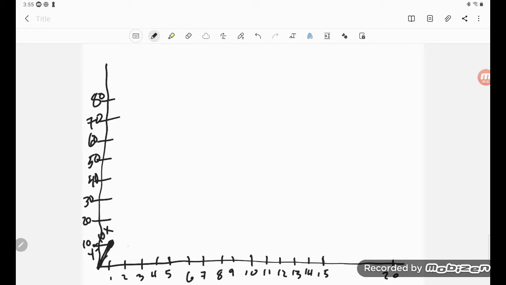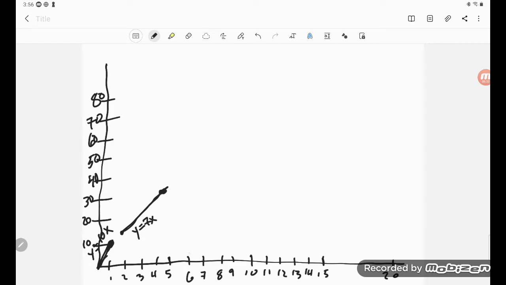So 2 times 7 is 14, so that would be right about there. 7 times 5 is 35, so that would be maybe about there. And it's not quite as steep a slope as the 10x, and there's y equals 7x.